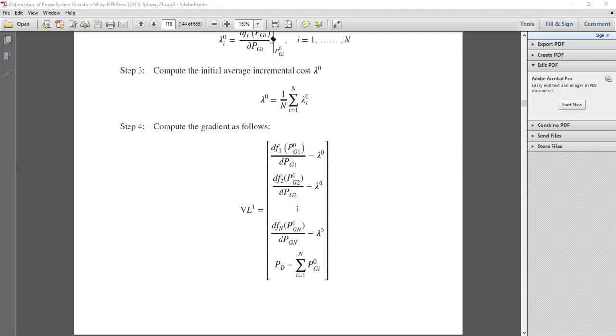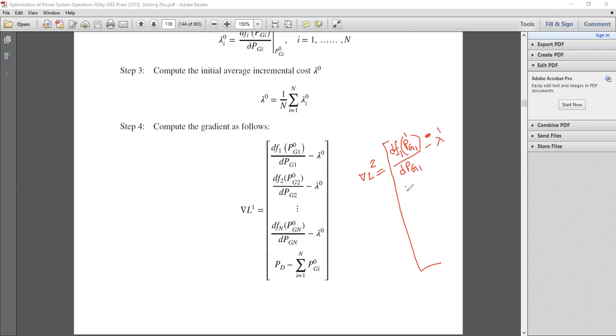So, consequently, if we say that we are looking for del L2, then what would be the entries? The entries would be something like this: df1 over dpg1, minus lambda. Which lambda should be used here? Lambda 1.